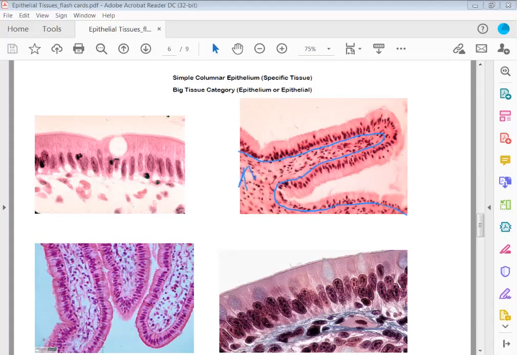So all of this in here that I'm kind of shading in, this is your underlying connective tissue. So that is not the epithelial tissue. So when you're looking at it, you're only looking at right here. And there's basically all those nuclei pretty much in one row. So again, it's only one row, so it's simple. You can see these are tall columns.